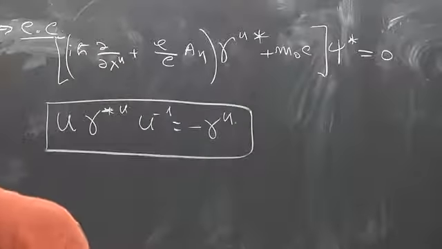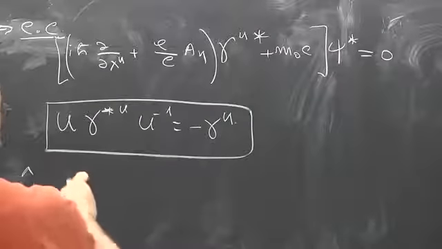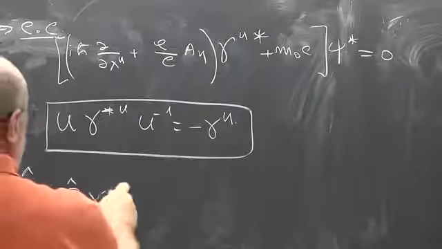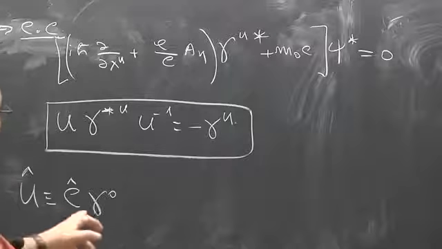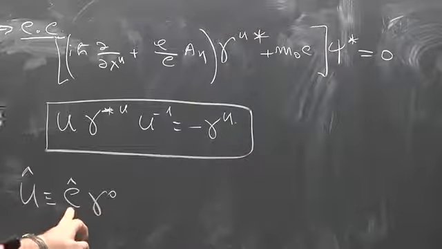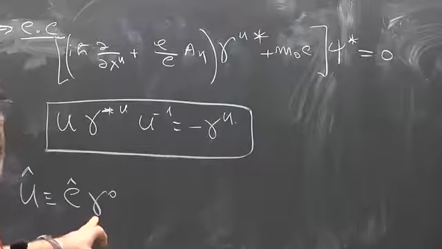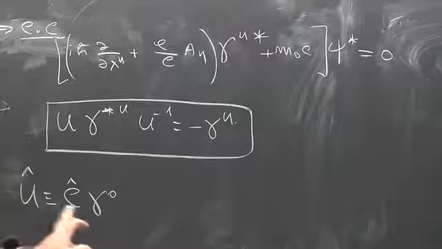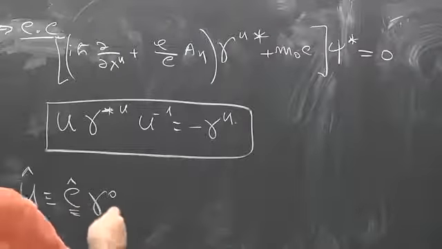Now, let's write this operator in the following manner, as an unknown operator that I will determine, times gamma 0. I can always write everything modulo gamma 0, because C is U times gamma 0 to the minus 1, and gamma 0 to the minus 1 exists. So I can always write U in this manner, as some operator that I have to find times gamma 0.